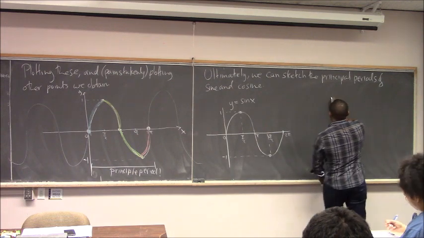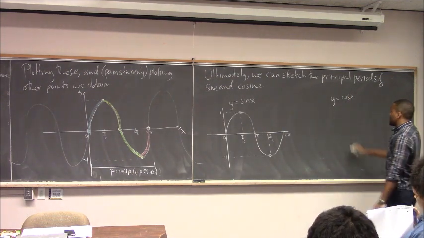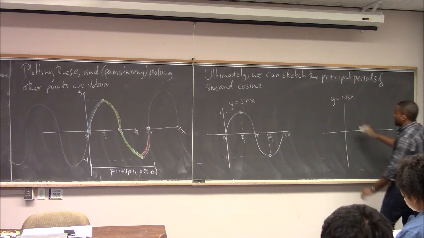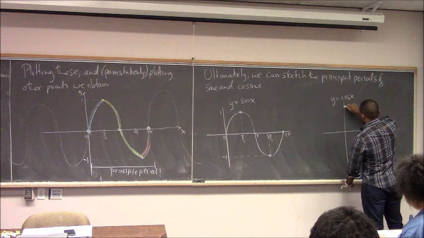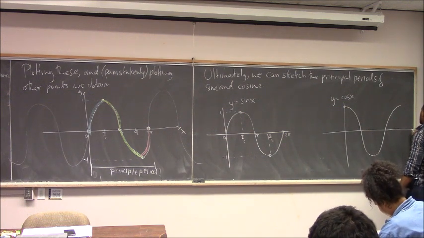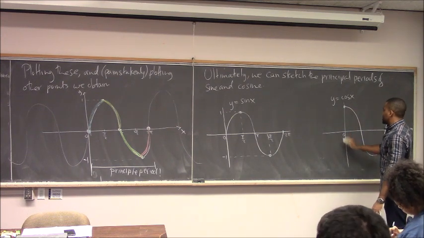And your cosine is very similar. Here we just track the x coordinates instead. You'll get a very similar pattern, except it starts a little shifted away. So here's at 0.